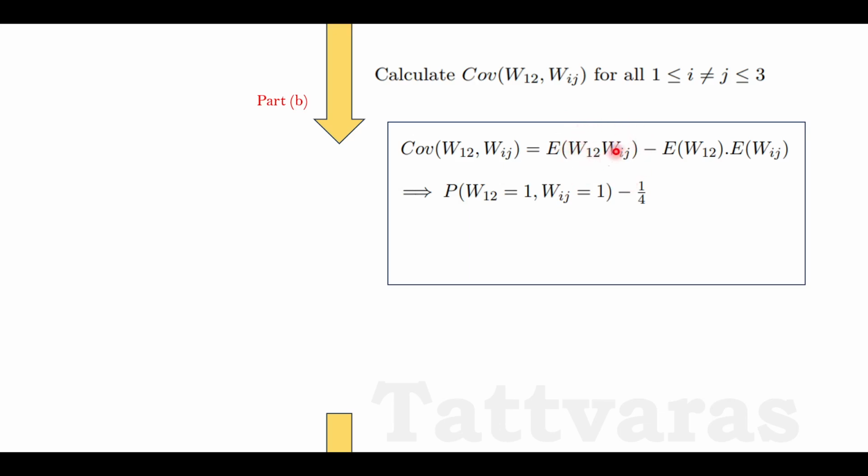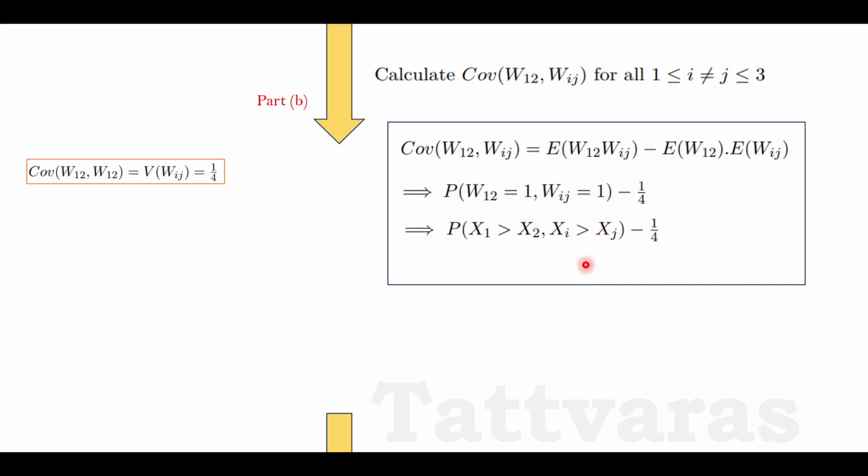This is 1 only when both W12 and Wij are 1. So expectation of this is the same as 1 into the probability both are 1, which is the same as the probability of this because that is the definition of W12 and Wij, right? Using this, the first thing is very intuitive that covariance of W12 with W12 is nothing but variance of W12, or variance of Wij because Wij all have the same distribution. So variance of Wij is equal to 1 by 4, which is the same as the covariance.